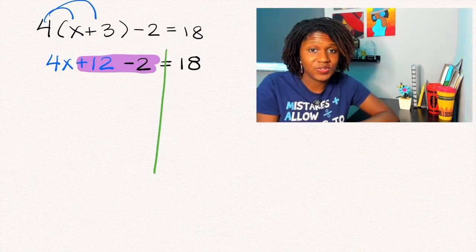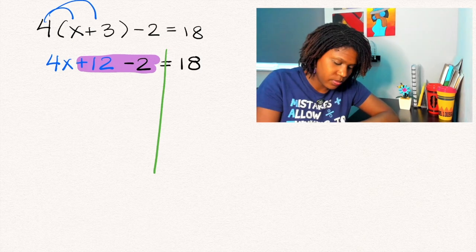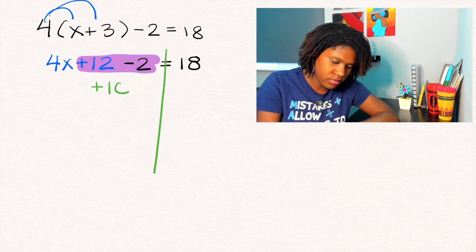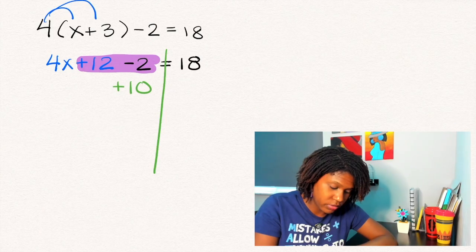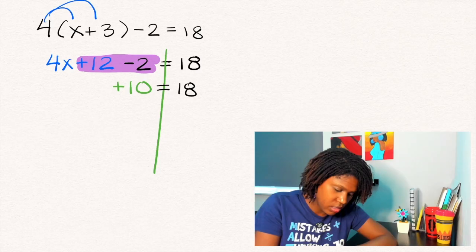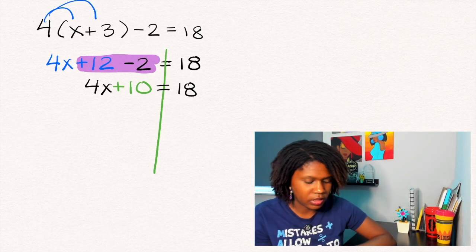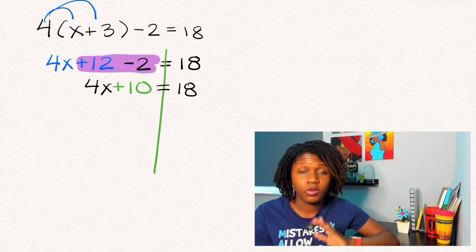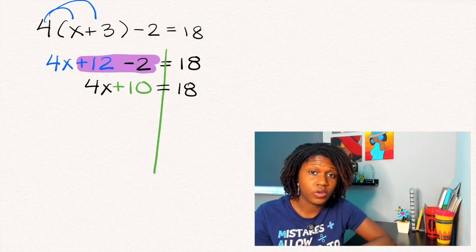Plus 12 minus 2 is going to give me positive 10. And I'm going to bring down everything else. So I have 18 still on this side and my 4x here that I didn't do anything with. Now, remember when we're solving equations, our goal is to get our variable by itself.